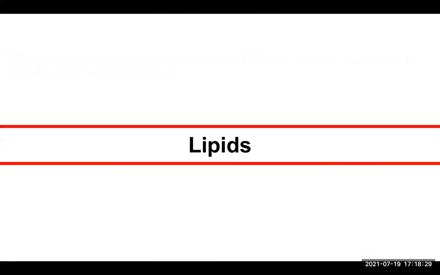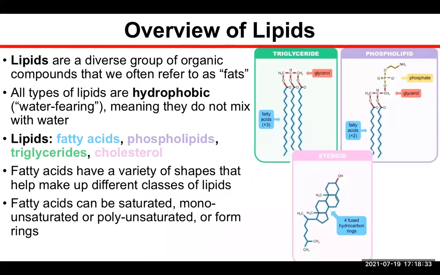So now we're going to change gears a little bit and talk about lipids. Here's a basic overview about lipids, and the majority of the lecture is going to be focused on lipids, as there are a lot of different classes and they all have their own biological functions. Lipids are a diverse group of organic compounds, and we usually refer to them as fats.